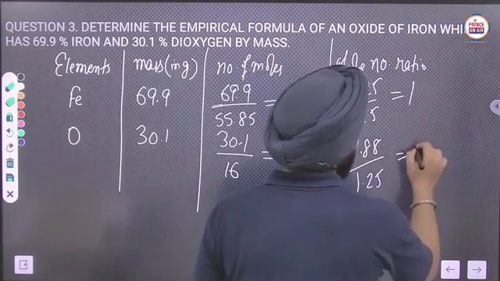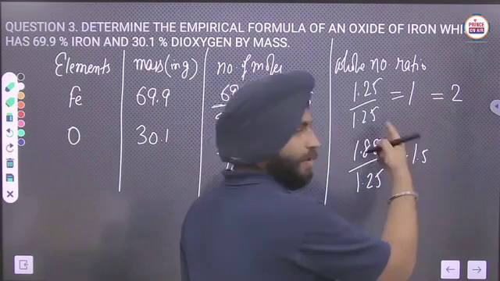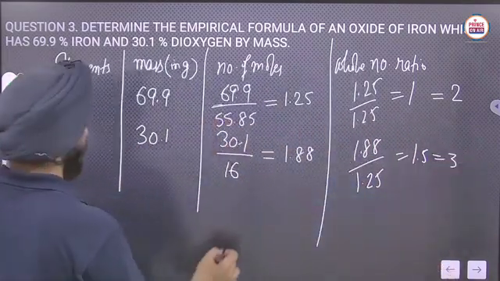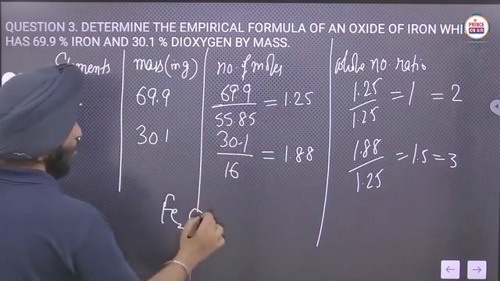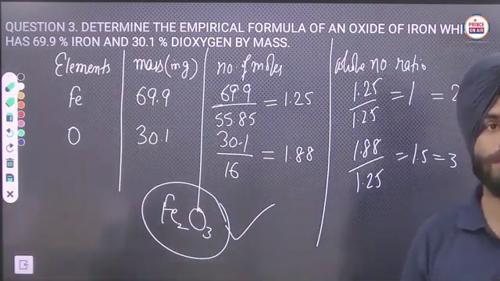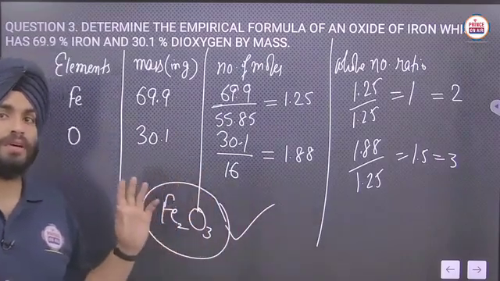So to get whole numbers, multiply both by 2 and it will be 2 and 3. So iron will be Fe2 and O3. The empirical formula is Fe2O3. Okay, clear? Only that calculation I am just giving you.